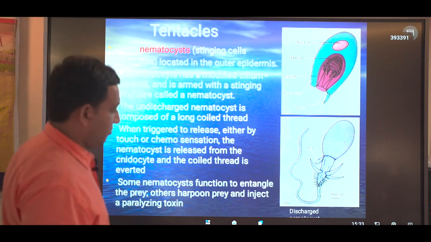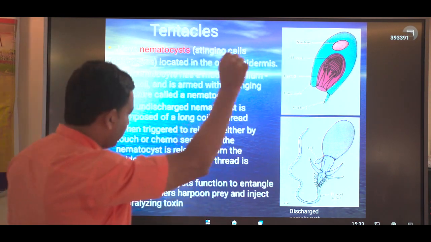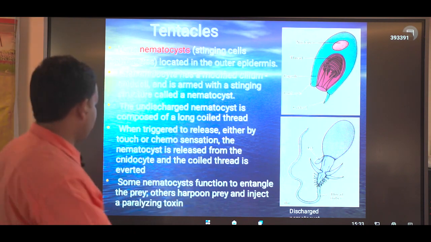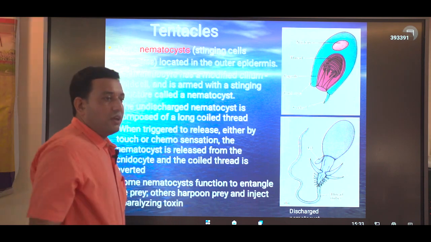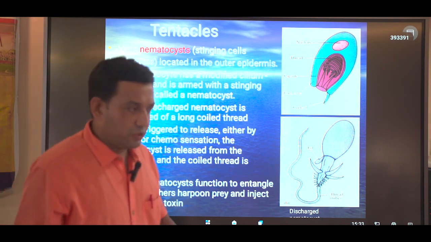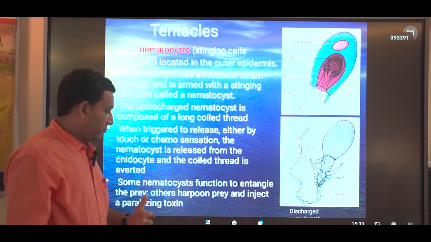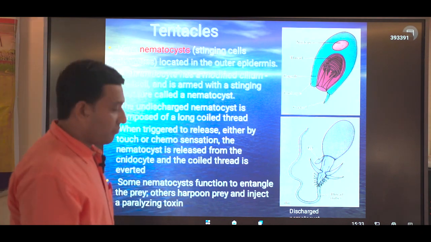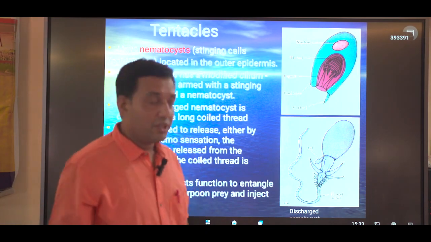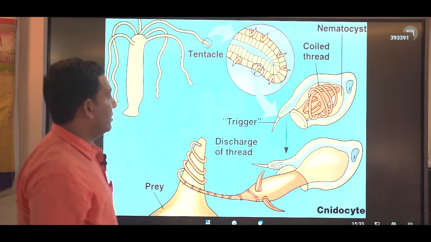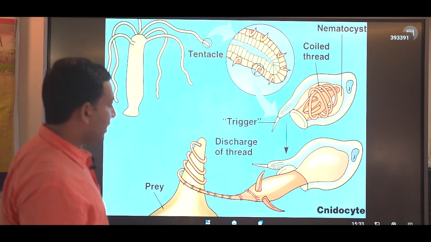The whip protrudes out, which also has secondary tentacles, which can attack the predator. They use it to protect themselves, and they have a paralyzing toxin which they use to protect themselves from predators and also to entangle the prey.